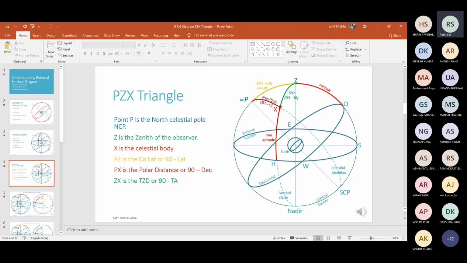The side PX is the polar distance or 90 minus declination. The third side, PZ, the yellow highlighted side, was the colat, which is 90 minus latitude. So this was the last thing we did. Anything bothering you up to the PZX triangle and its three sides?